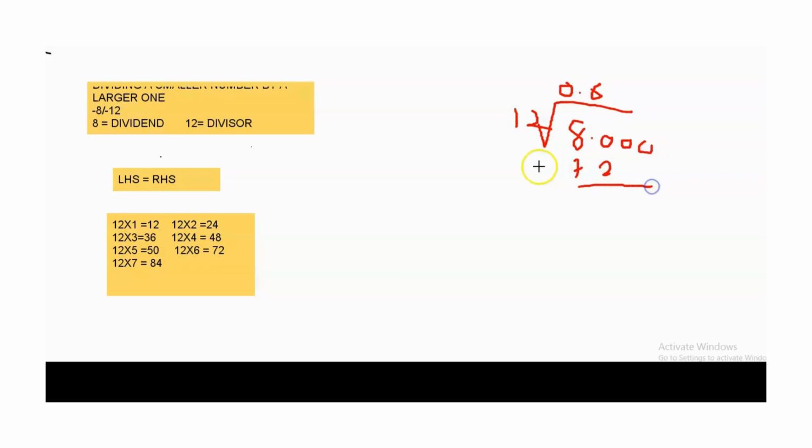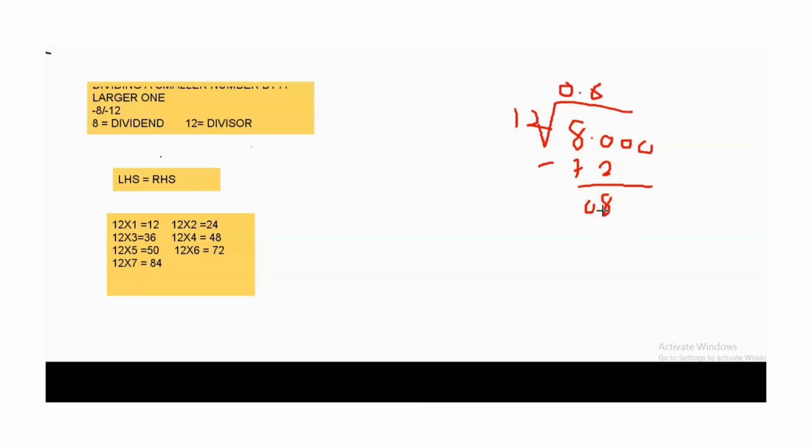Subtract. Zero subtract 2 is not possible. Put 1 here, making 10. 10 subtract 2 gives 8. Now this is going to be 7 because we have previously borrowed 1 to the other side.